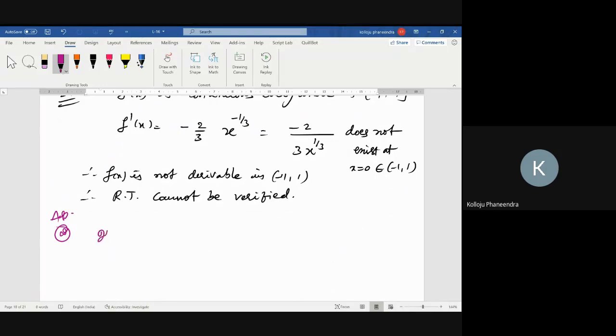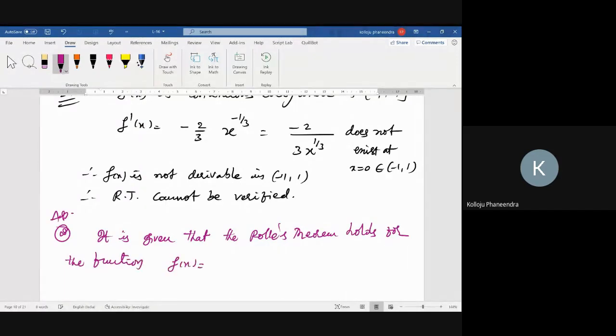It is given that Rolle's theorem holds for the function f of x equal to x cube plus bx square plus cx, 1 less than or equal to x less than or equal to 2, at the point x equal to 4 by 3.